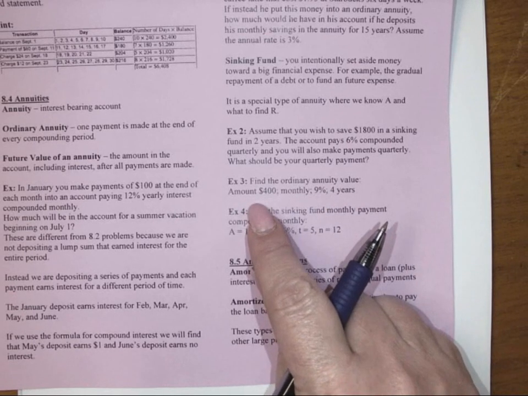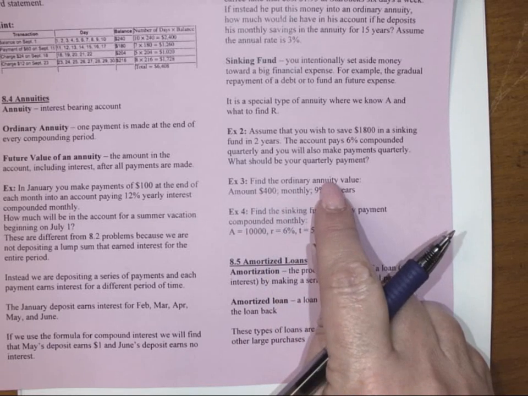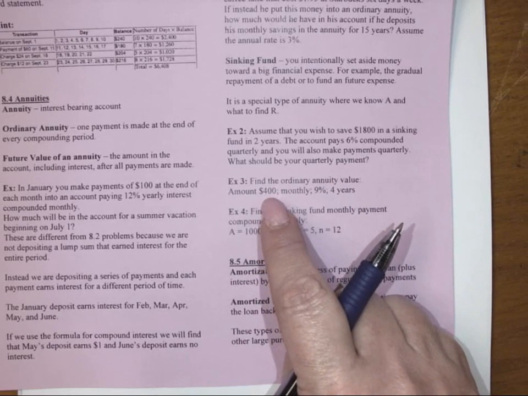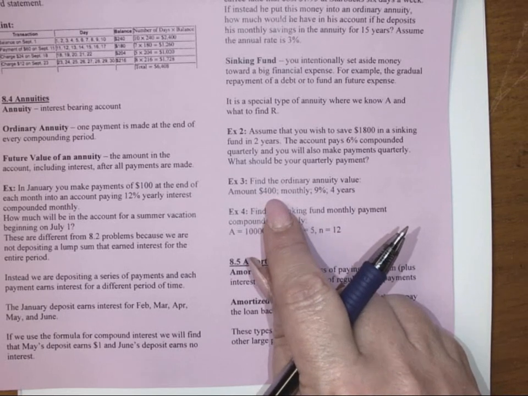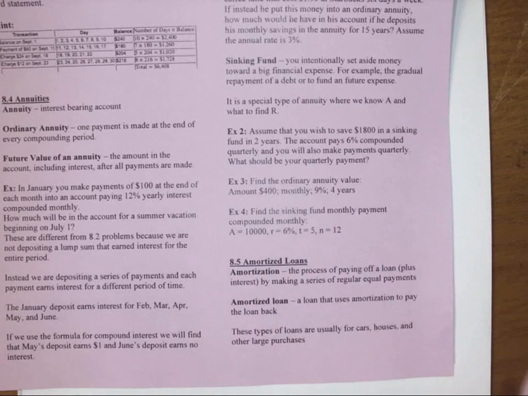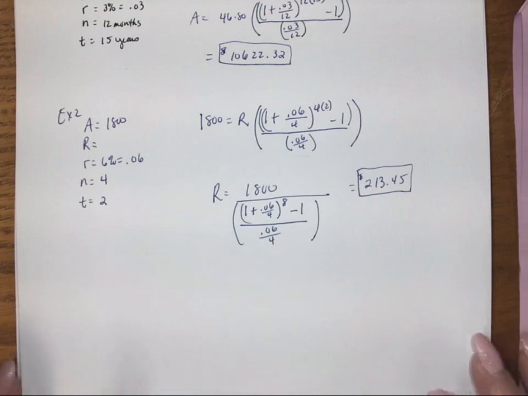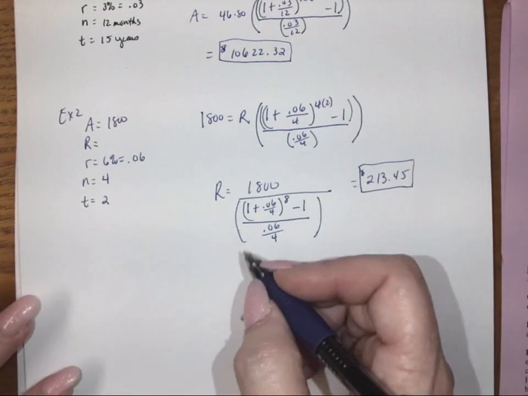So the amount is going to be $400. You want to find the value. This is the amount you're putting in each time. So if you want to pause and try to do this, I'll still show you how to work it. That way you can try this one and see if you can set it up. So we're going to use the same formula. So pause at this time and work it on yourself if you'd like.